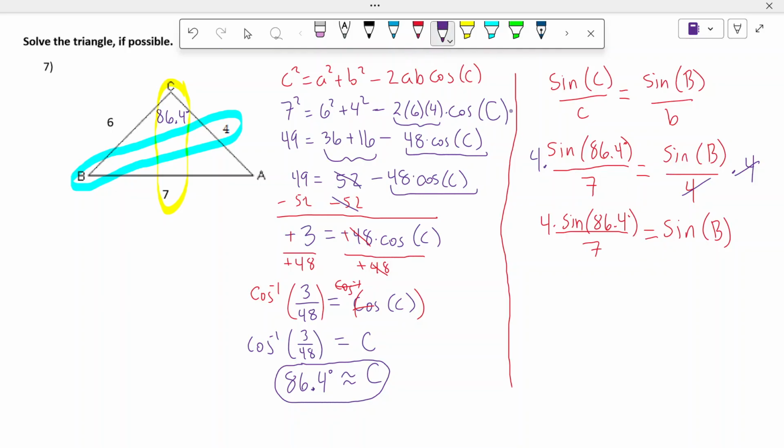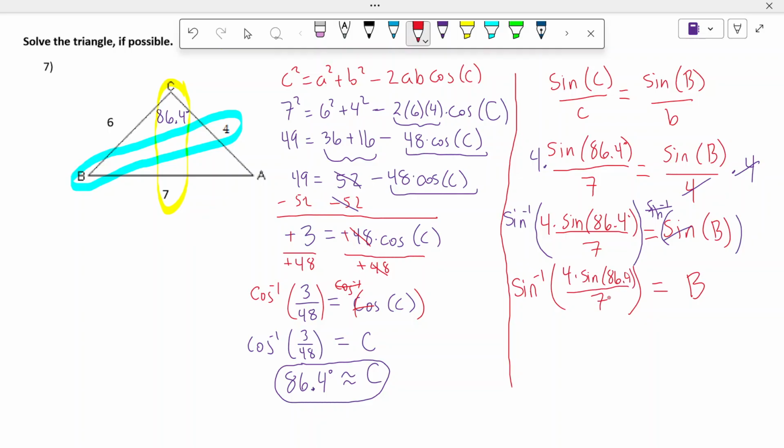Now, what we need to do is get angle B by itself by getting rid of sine. How do we get rid of sine? We just do the sine inverse of both sides. So I got to sine inverse all of that, and then I got to sine inverse this. But really, all that happens when I sine inverse the right side is it makes the sine go away. So here's what we've got. Angle B is going to equal whatever we get when we type in a calculator the sine inverse of all this craziness. And you literally could just type all that carefully into a calculator.